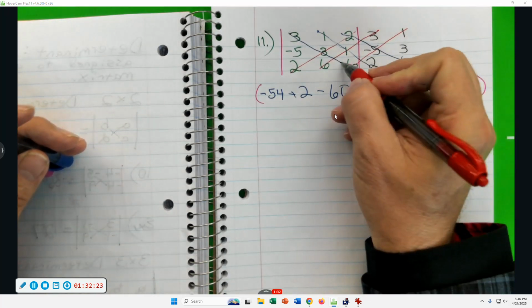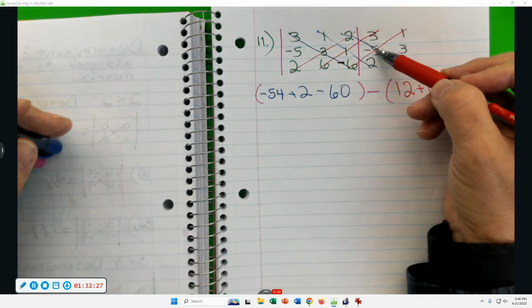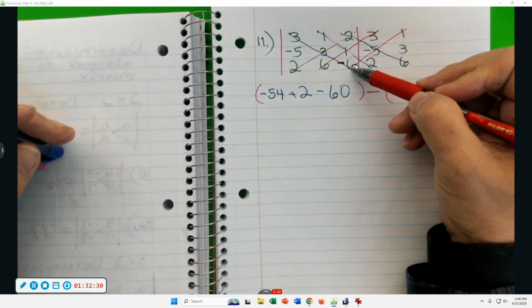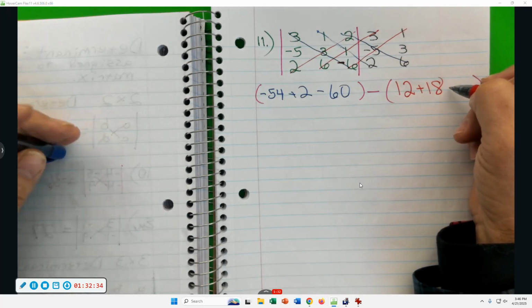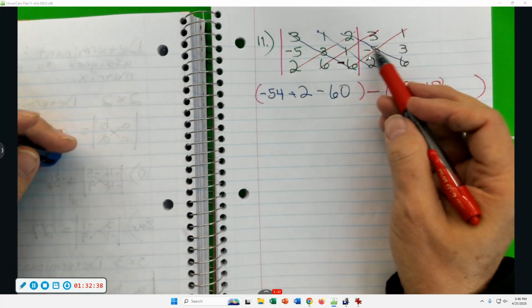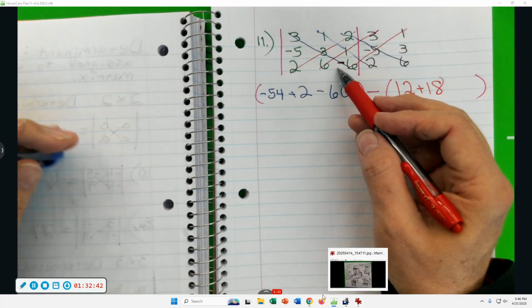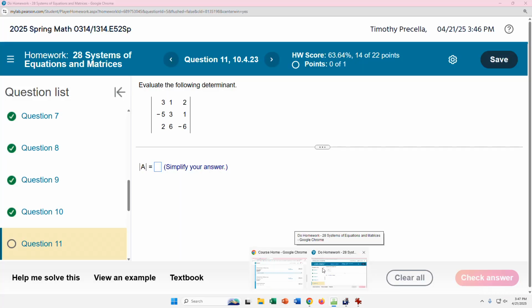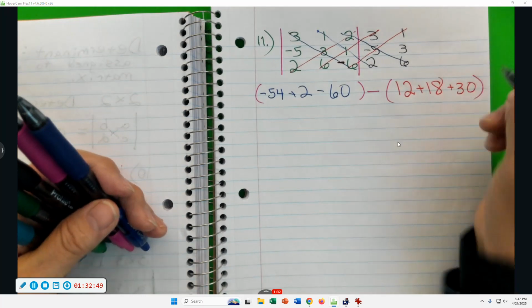It's hard to see because I accidentally covered that negative, but it's a -6. A negative times a negative gives a positive, so that'll be a positive 30.